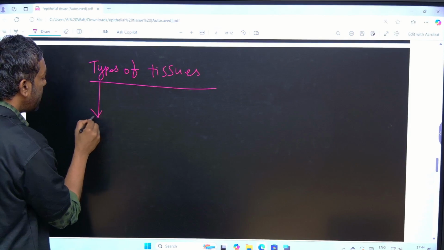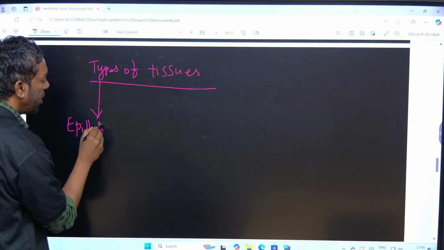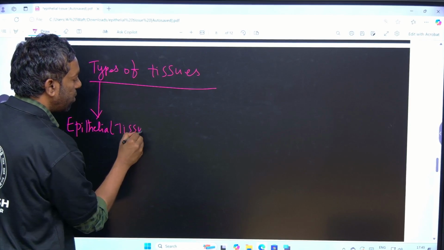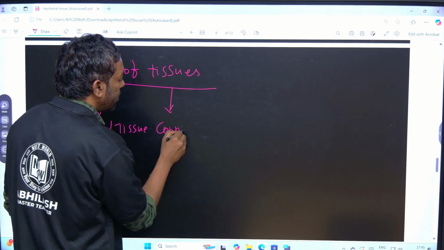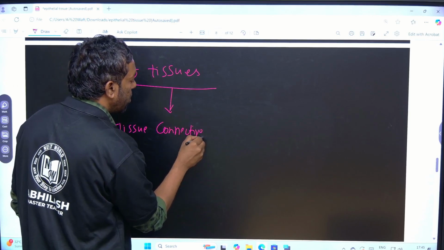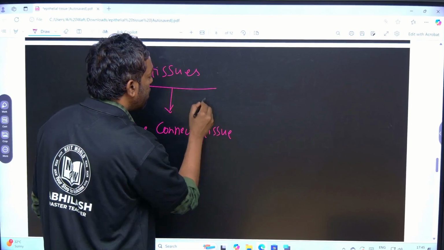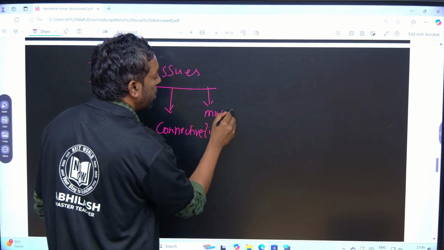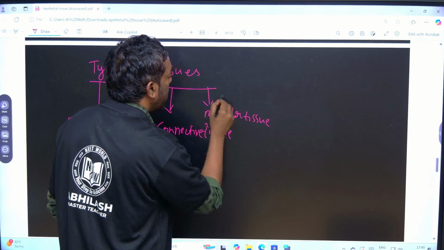First one, epithelial tissue, connective tissue, muscular tissue, and nervous tissue.